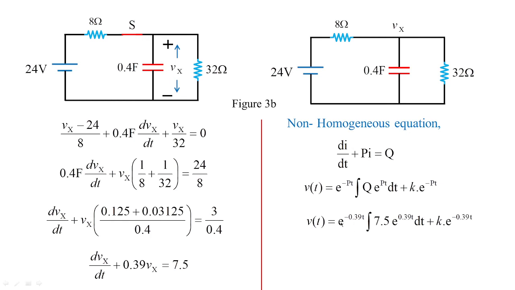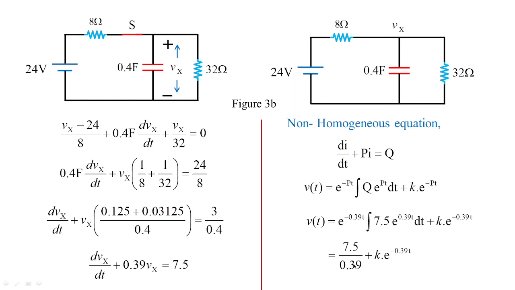So naturally e to the power of minus 0.39t integral of e to the power of 0.39t, this both will cancel, but e to the power of 0.39t integral will give you the value as the same e to the power of 0.39t divided by 0.39.